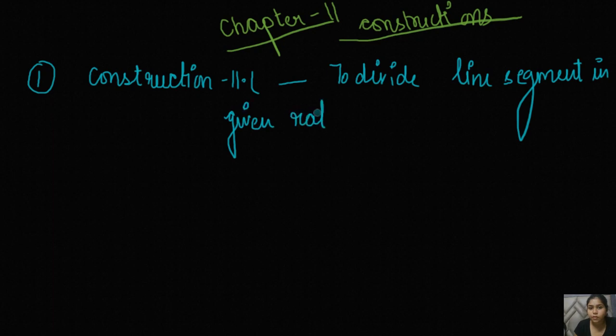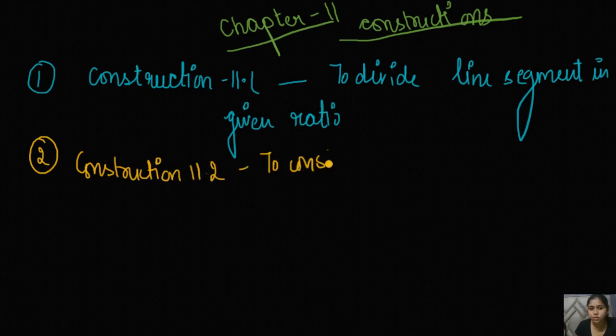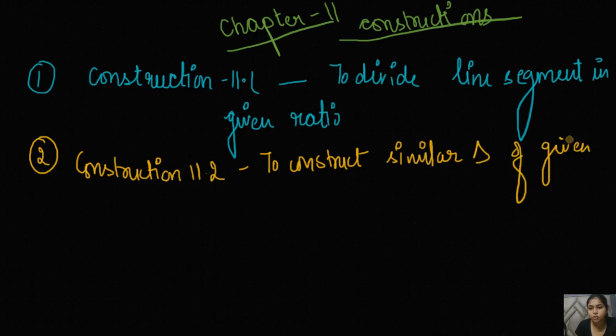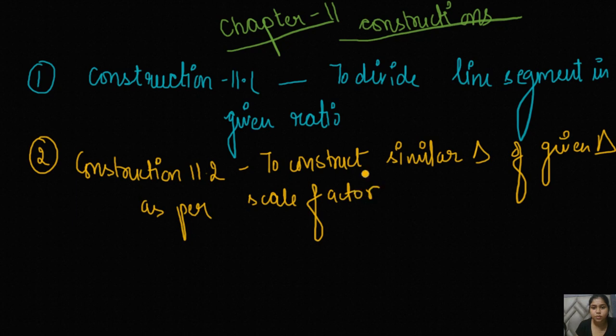Our second construction is construction 11.2, to construct the similar triangle of the given triangle as per scale factor, right?